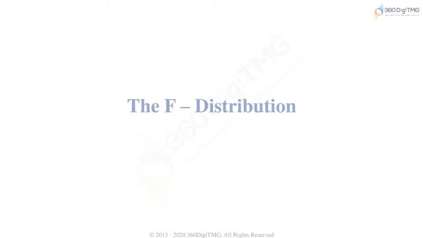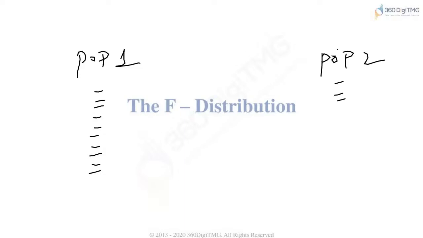So to set the context, we have, let us say, two populations, and we have some data. I want to compare the effects of smoking on the longevity of people. So I have a group of people who do smoke, and a group of people who do not smoke, and I have the ages at which they passed on. Now, I want to be able to compare this data with this data.